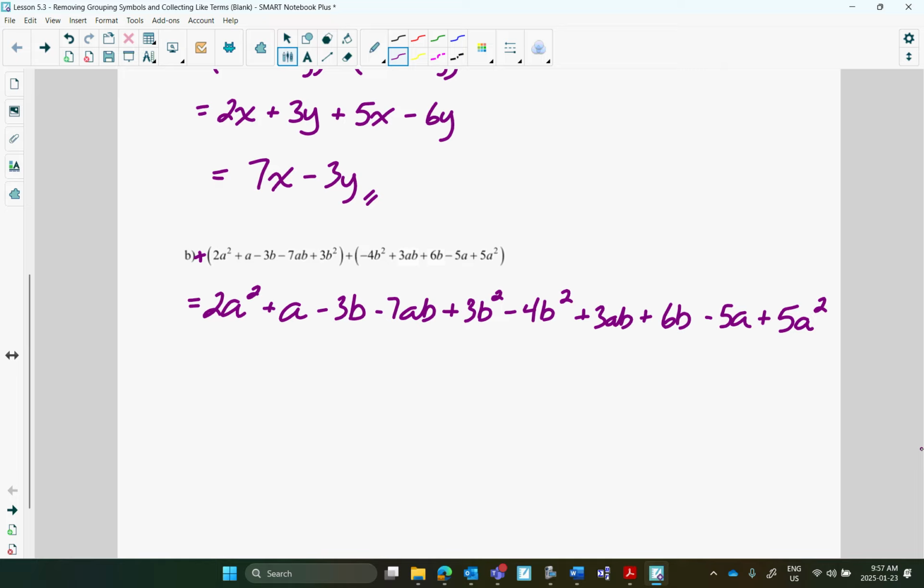Now we've got quite a bit of combining to do here, collecting. So maybe let's just do it in order as we see it. What do we get when we collect the a squareds? 7a squared, so I'm going to cross them out. How about the a's? Remember, a means the same as 1a. I've got a 1a and I've got a negative 5a. Negative 4a.